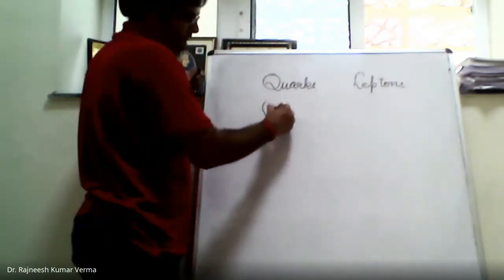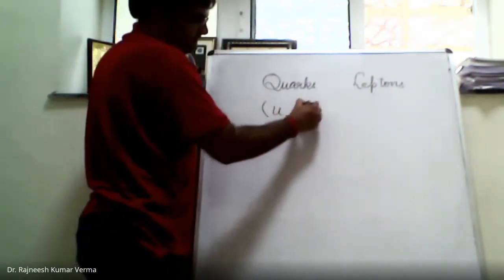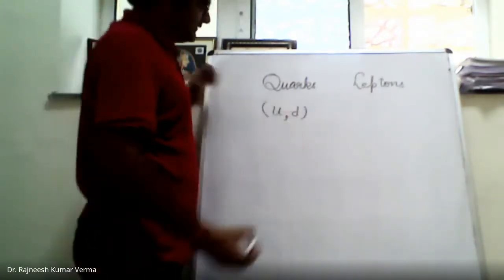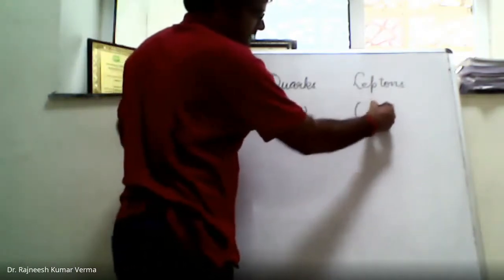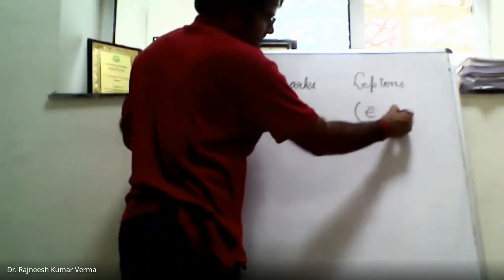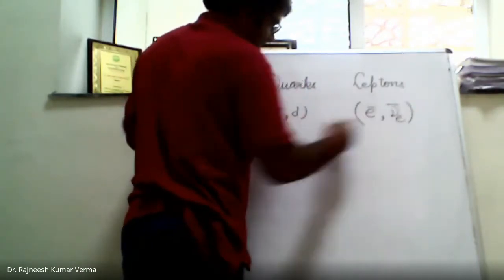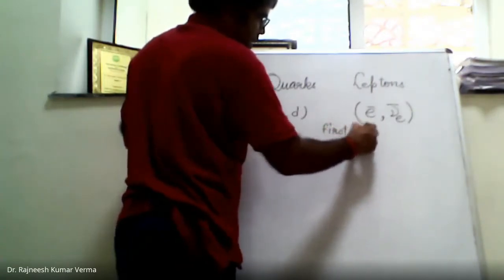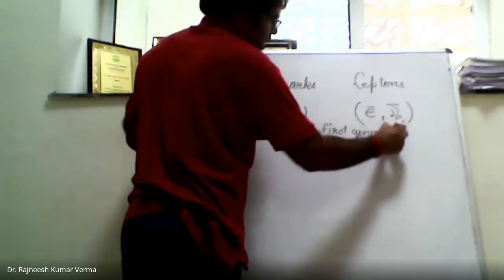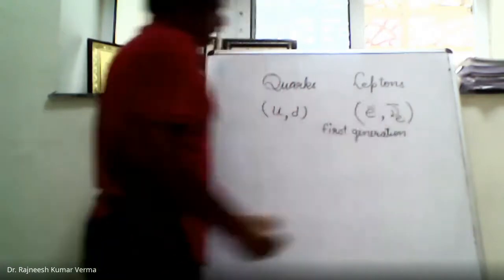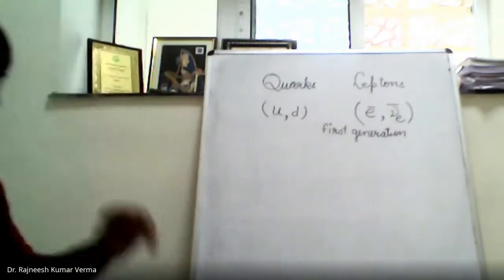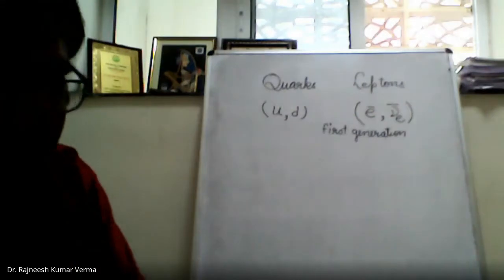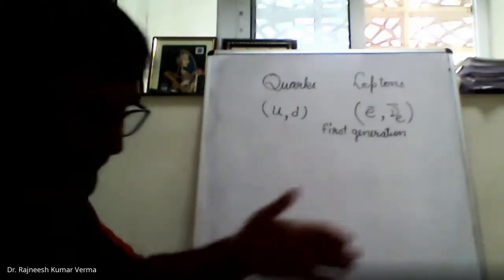This is called the first generation. The explanation will come in the form of subsequent generations.